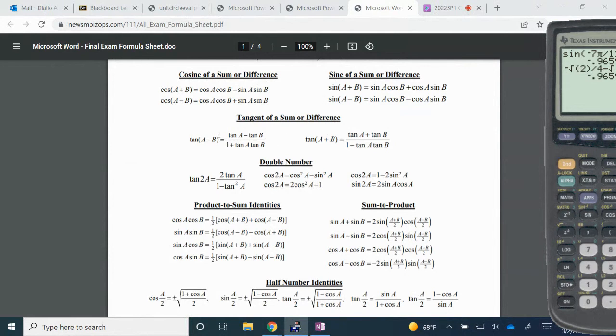Now we're going to take a look at the sum and difference of tangents. When we talk about the sum and difference of tangents, on the majority of these problems, I can say all of the problems, we're going to have to do what's called rationalize a denominator.